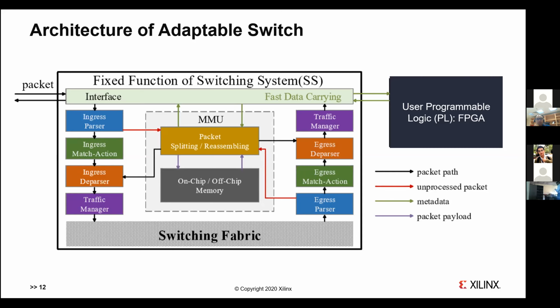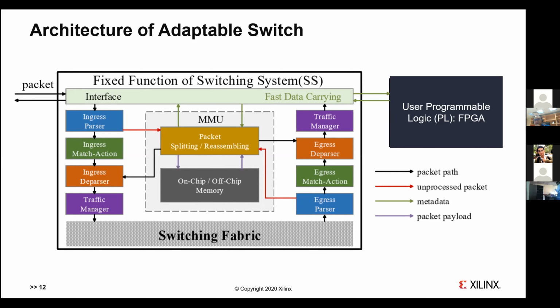And even when you need to process with some customized logic in the switch, you only need to look into the headers or a couple of bytes in the payload.